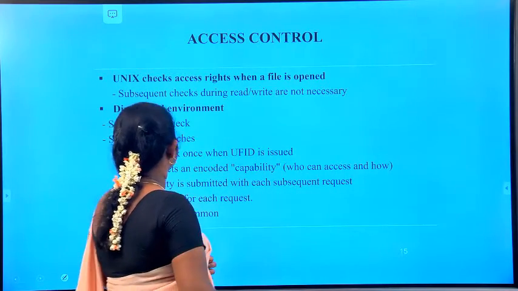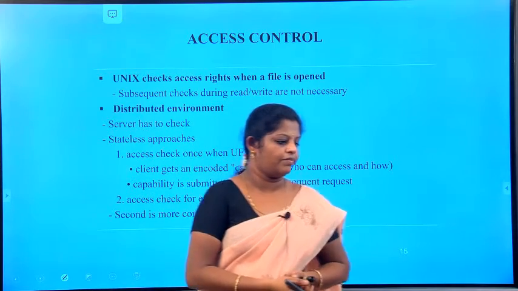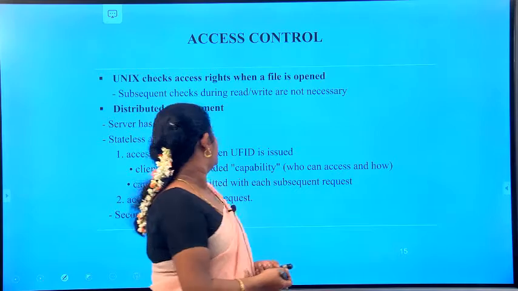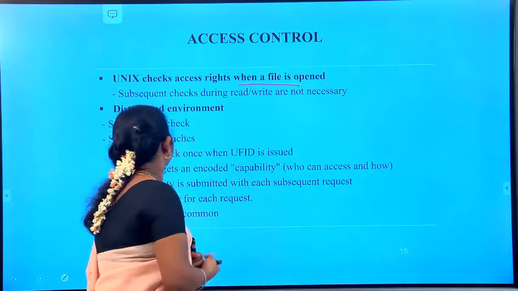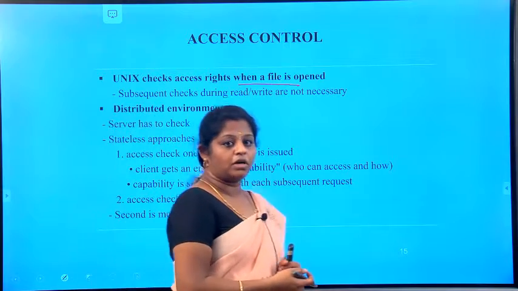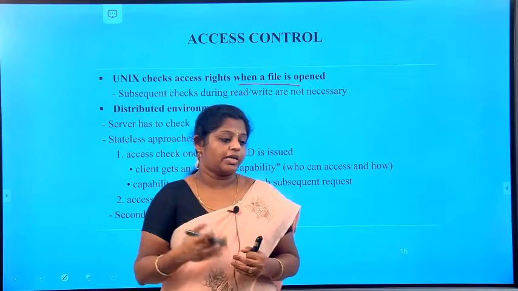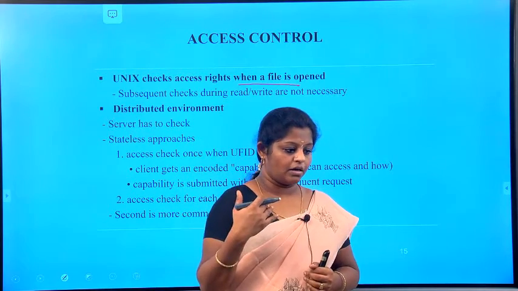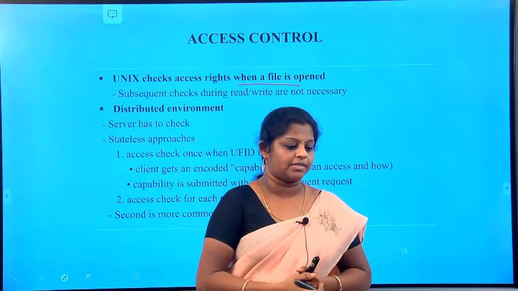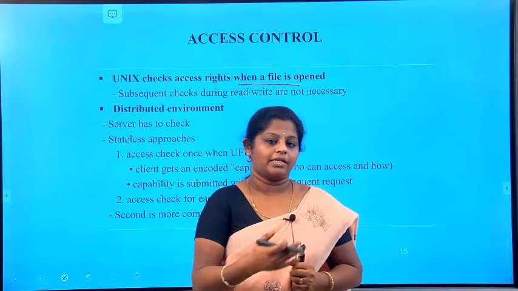Next we'll see the access control. I already told you what access control is, and we will see it again in the Unix file system. Okay, Unix checks the access rights whenever the file is opened. Now we are going to see the access control in the Unix file system. The user's access rights are checked against the access mode requested in the open call, and the file is opened only if the user has the necessary rights.